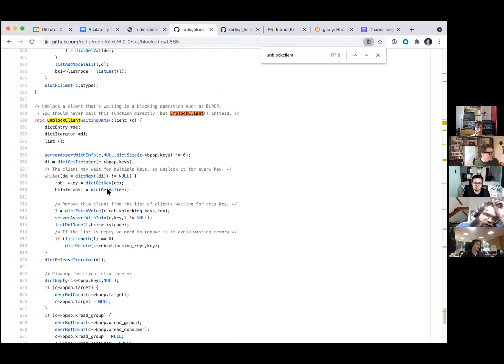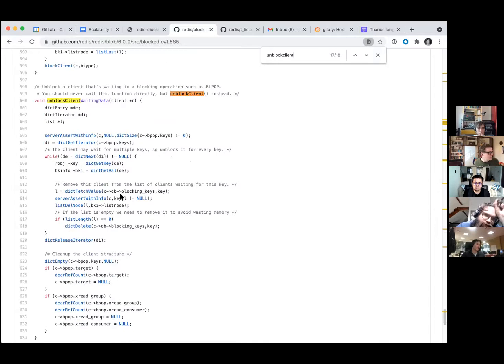And that one is, again, iterating over, well, it needs to destroy all of these. The client stores the list of keys that it's blocked on. So that is 360 keys for catch-all. And then it iterates the dictionary and it looks all of these things up and needs to update these things. So again, this loop is proportional to the number of keys. And that just explains a lot of the work that is going on.